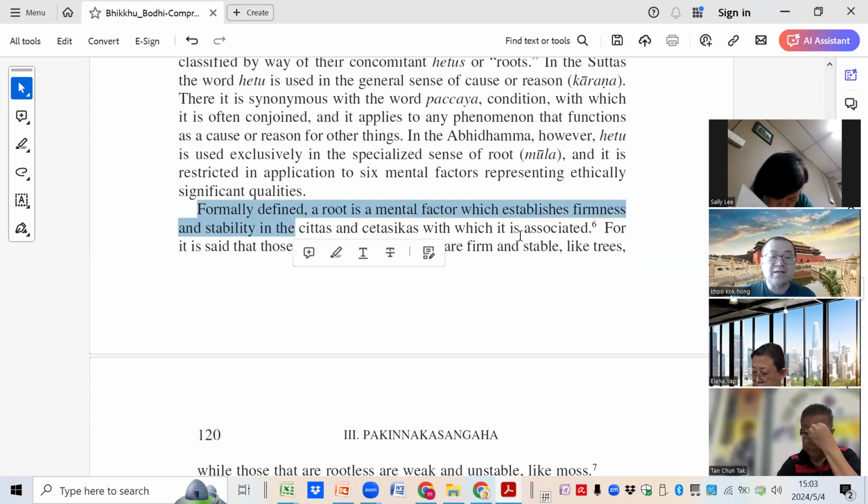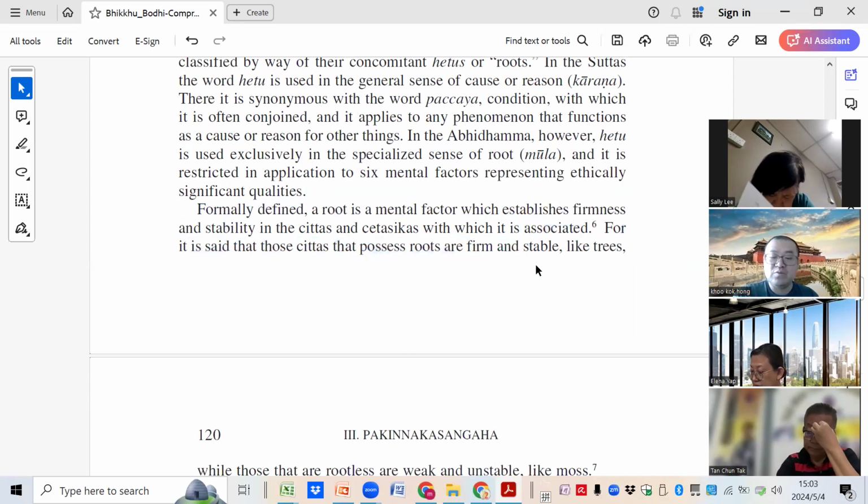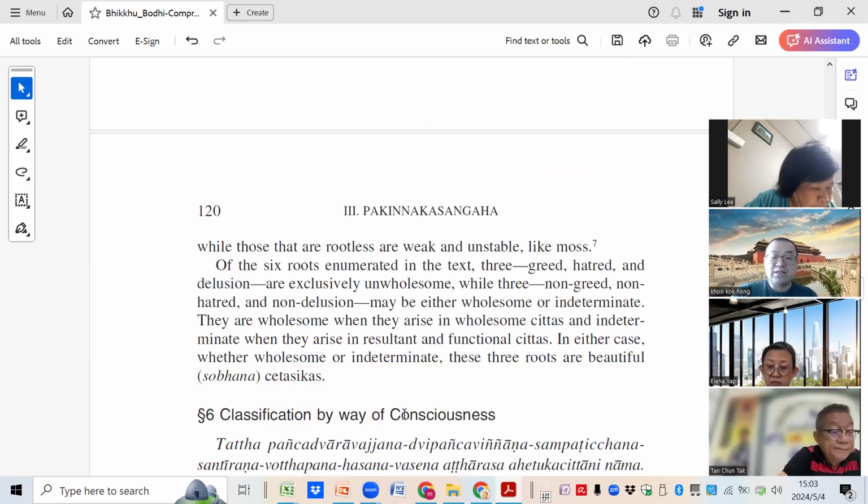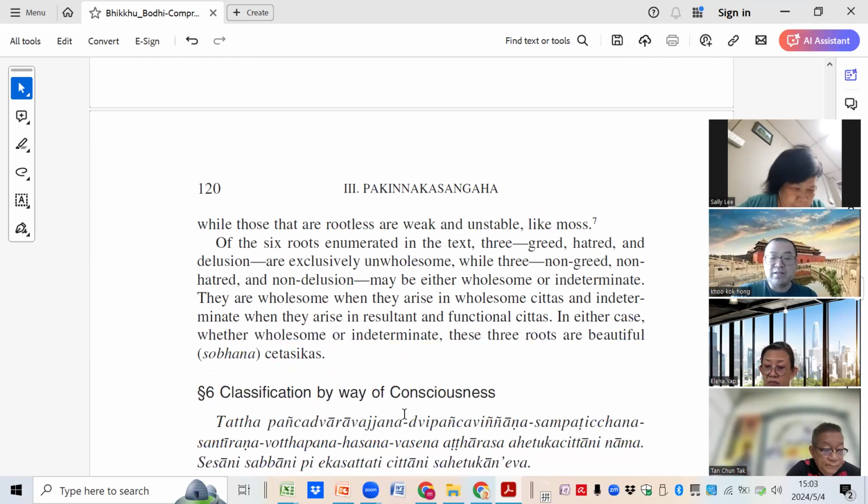Formally defined, a root is a mental factor which establishes firmness and stability in the citta and cetasika with which it is associated. For it is said that those citta that possess roots are firm and stable, like trees, while those that are rootless are weak and unstable, like moss.